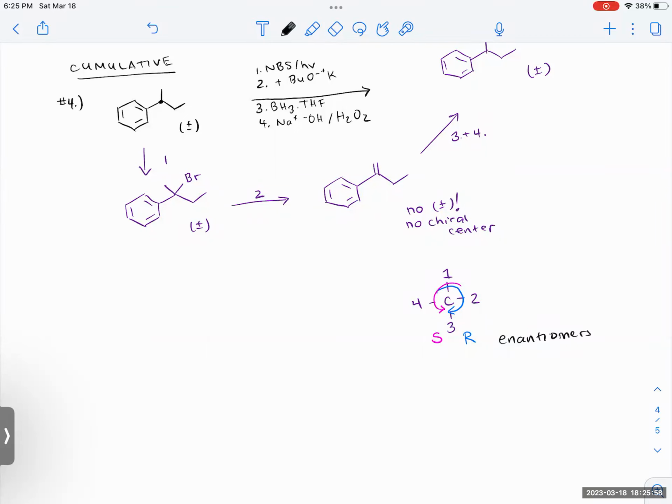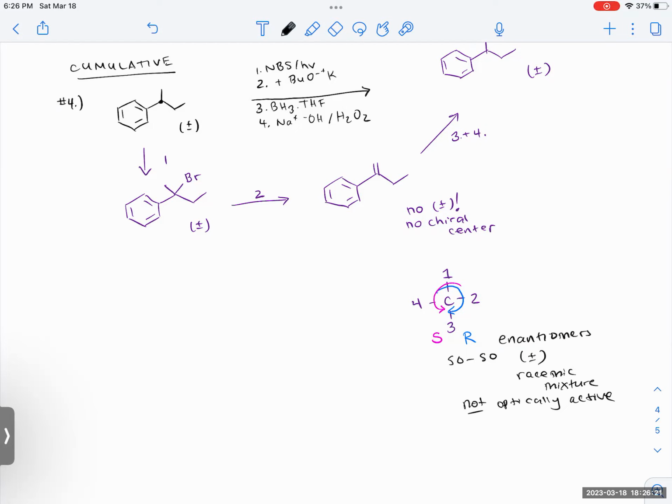If you have an equal 50-50 mix, we call that a racemic mixture. It's not optically active, but you just have to designate that it's a plus minus.